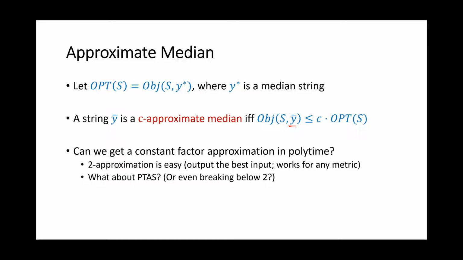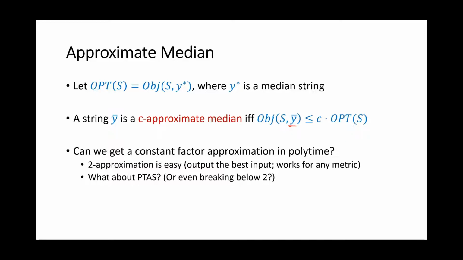Now can we get a constant factor approximation in polytime? Well, a 2-approximation is not difficult, because if you take the best string out of the input set S, whichever string has the minimum objective value, and output that, it's not hard to show that it attains the 2-approximation.